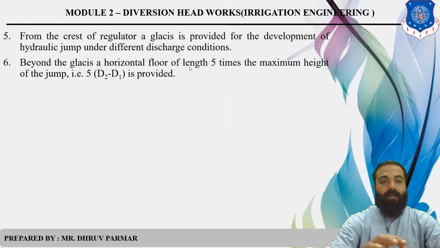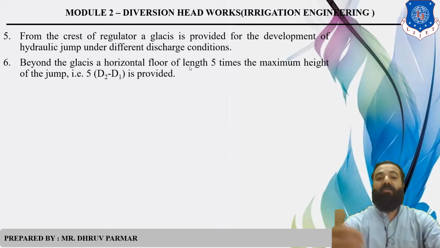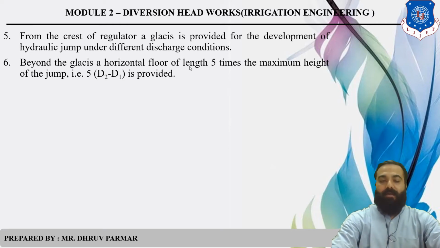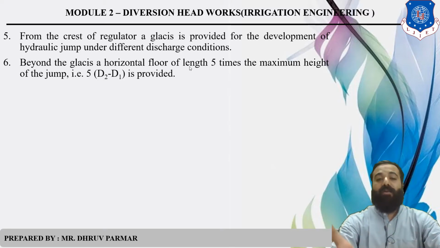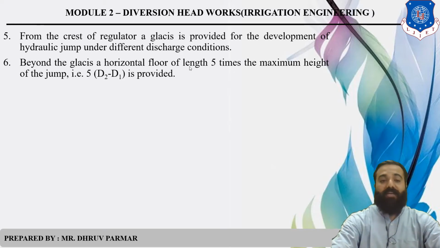Clear? Beyond the glacis, meaning beyond the slope, a horizontal floor length is required, which is 5 times the maximum height of jump. So what is the height? It is d2 minus d1, called the height of hydraulic jump. So the length is 5 into (d2 minus d1), called the horizontal floor length.